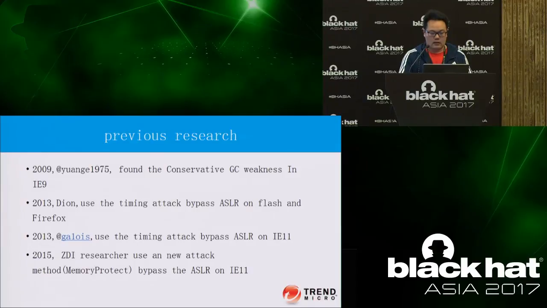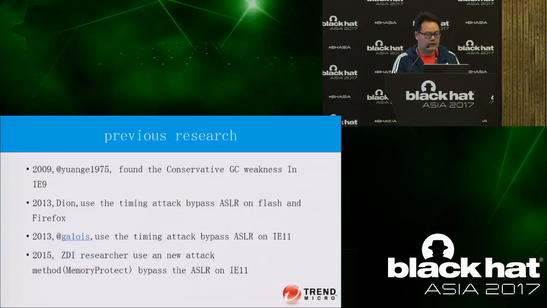Okay, in this part I will introduce the previous research. In 2009, a Chinese researcher called Yuan found the conservative GC weakness in Internet Explorer 9. In 2013, a researcher again used this weakness and a timing attack to bypass ASLR on Flash and Firefox.